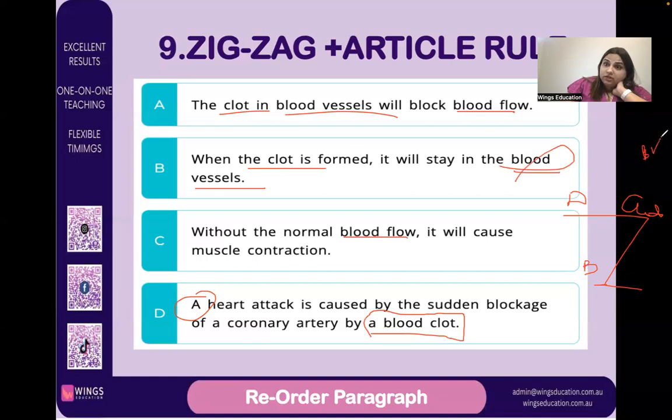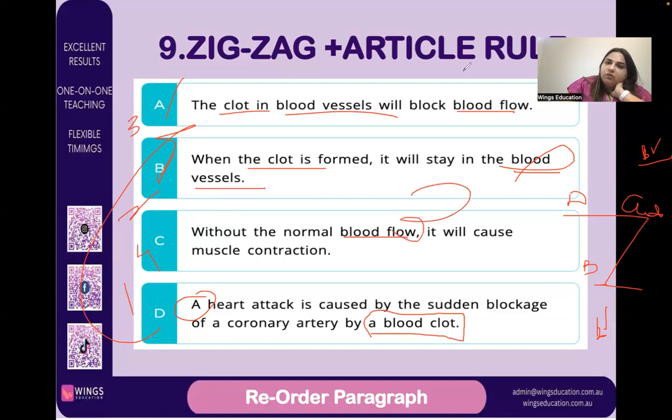I hope you're understanding. If you're not, go back, watch again, listen again, okay? So blood vessels here in the end and blood vessels here in the beginning of the sentence. You check that out. So I'm going to put B first, then A. If I'm putting B first, then A, so I know my D is going to connect with B. So it's D, B, A, and C. And anyway, there's a connection.